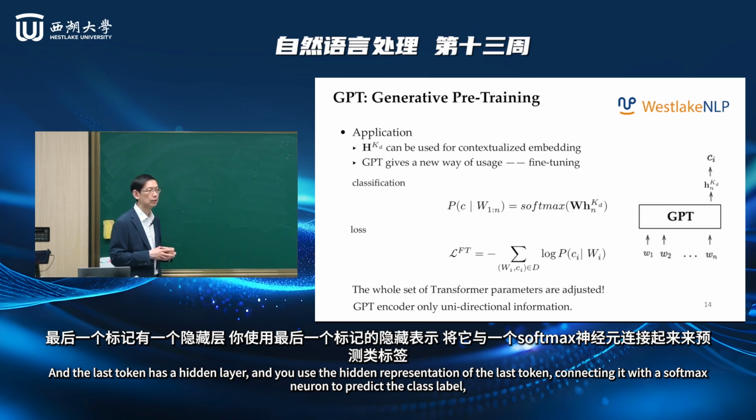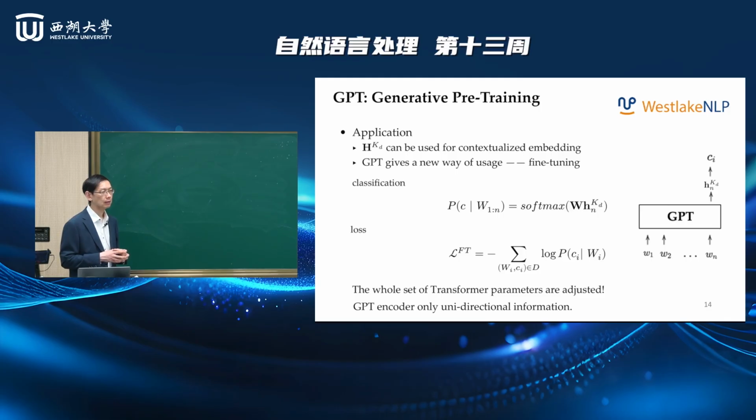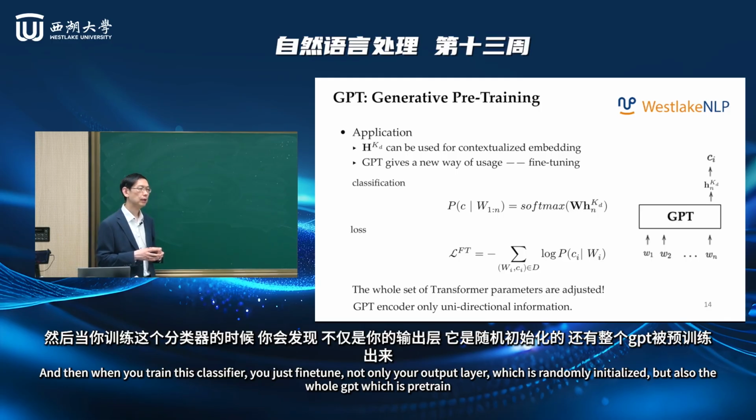You use the hidden representation of the last token, connecting it with a softmax neuron to predict the class label. And then when you train this classifier, you fine-tune not only your output layer, which is randomly initialized, but also the whole GPT, which is pre-trained.